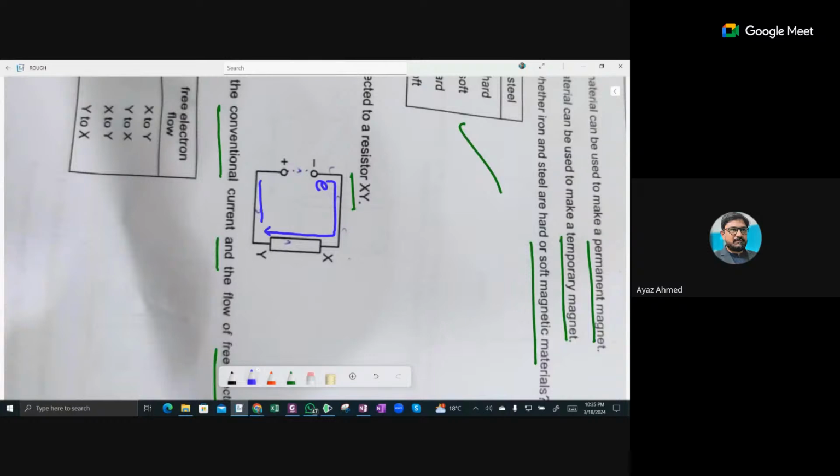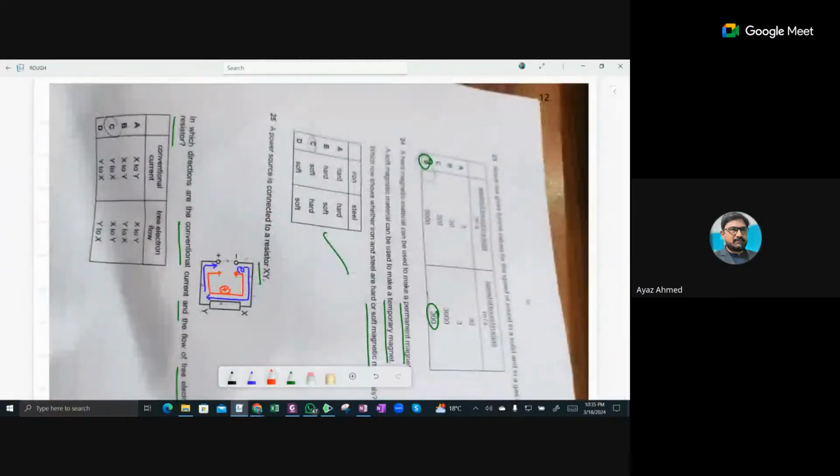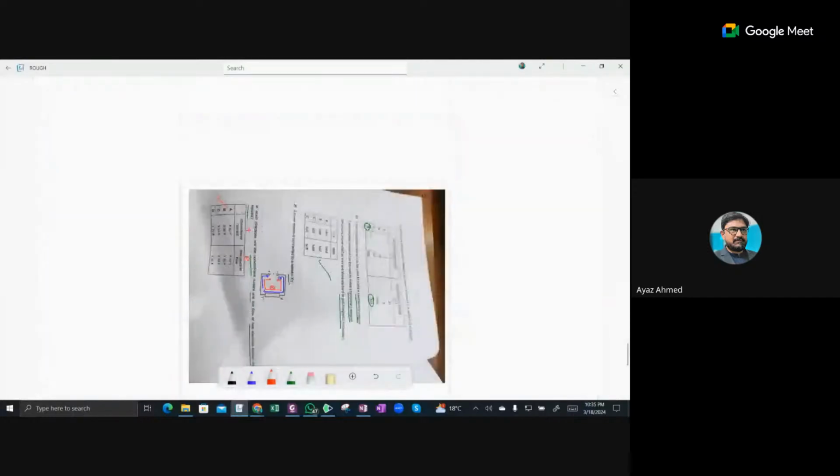The positive charges go from positive to negative, so that would be from y to x. Conventional current is basically the positive charge current. If free electrons are negative, the free electrons flow from x to y. Oh, good, you made the history over there, man.